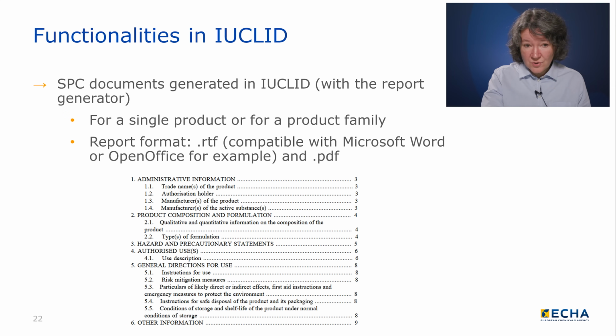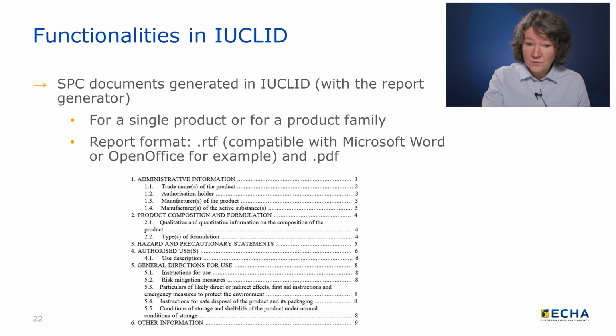Another important functionality is the possibility to create SPC documents with the tool called Report Generator. It is done in Euclid for both a single product or for a product family. The reports are created in two formats: RTF, compatible with Microsoft Word or OpenOffice, for example, and PDF.